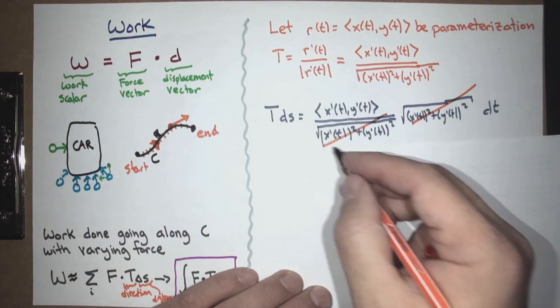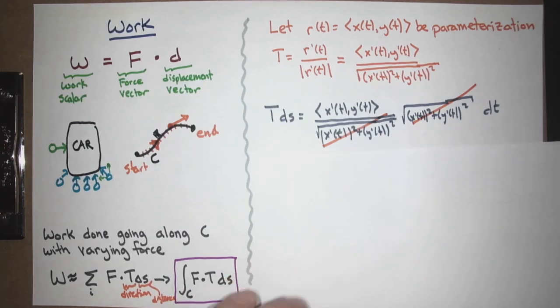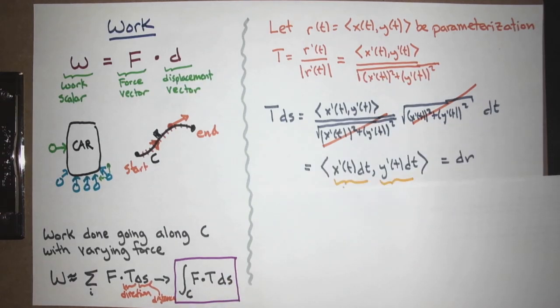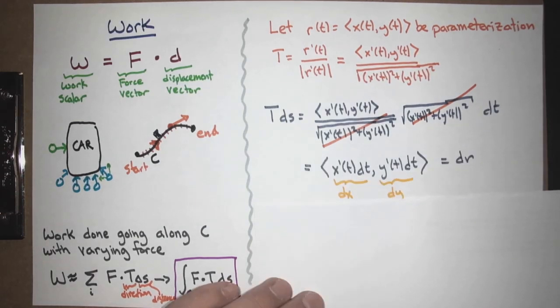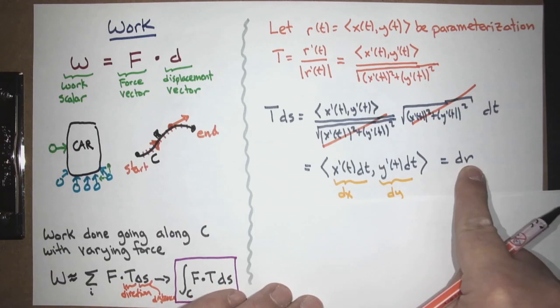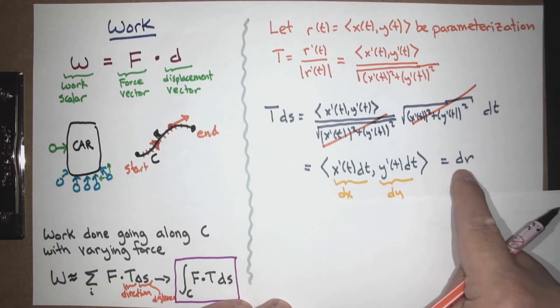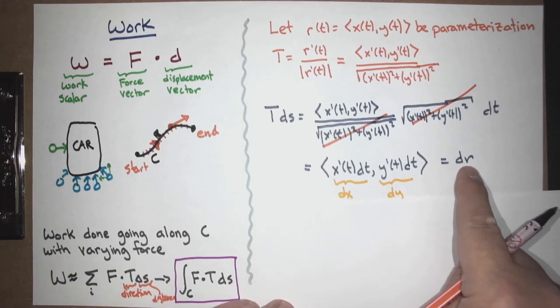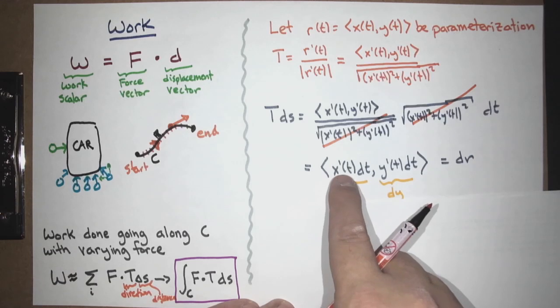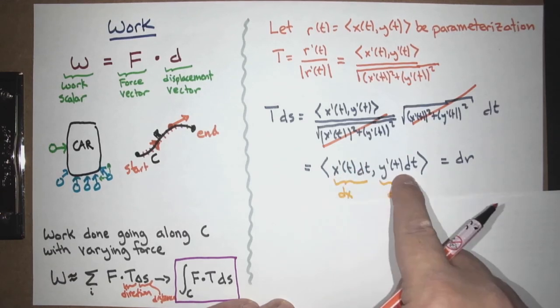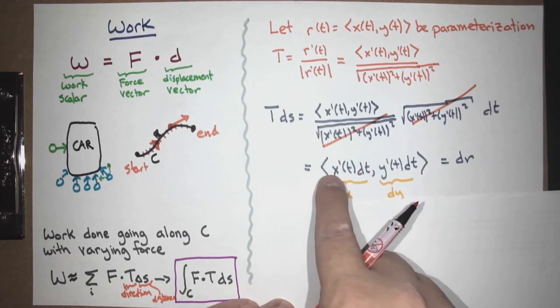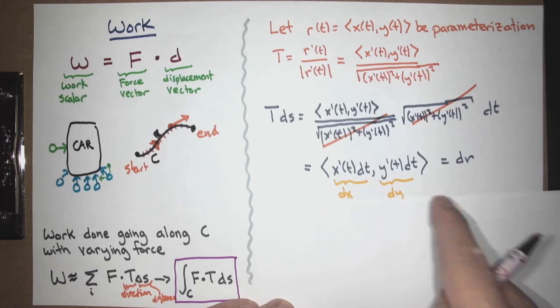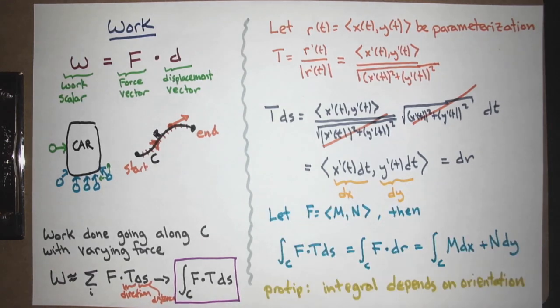The square roots go away. And so, that leaves us with what we call dr, and unfortunately this is where there's like 3 notations for the same thing. And it's just individual derivatives, x prime t, y prime t. Sometimes we'll just say the x prime t dt we call dx, y prime t dt we call dy.